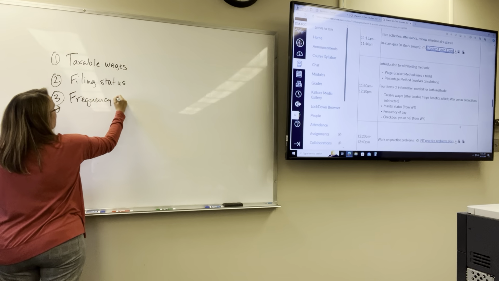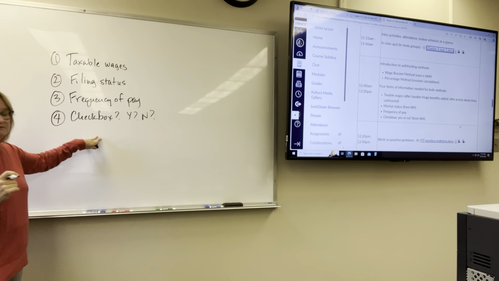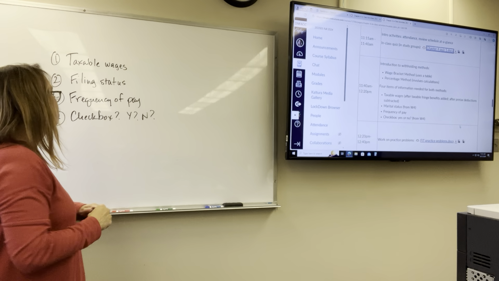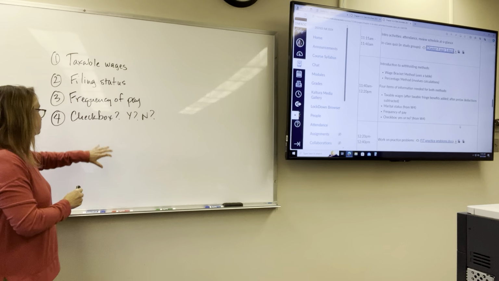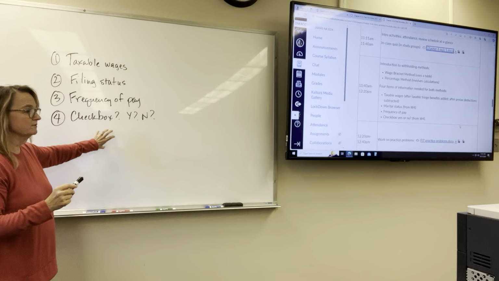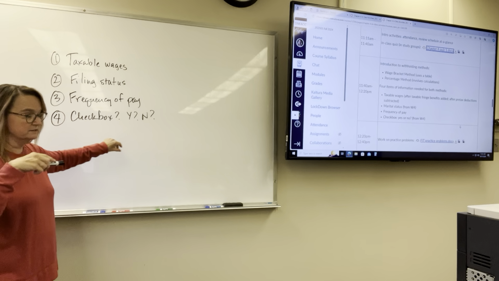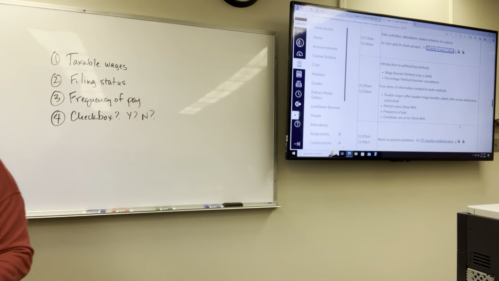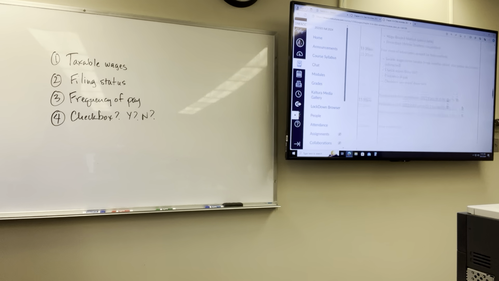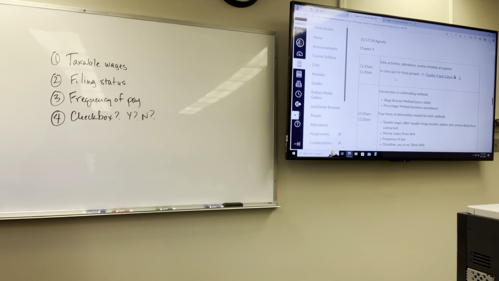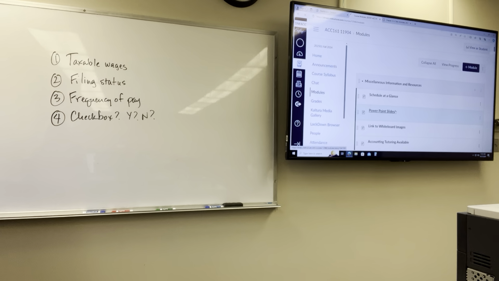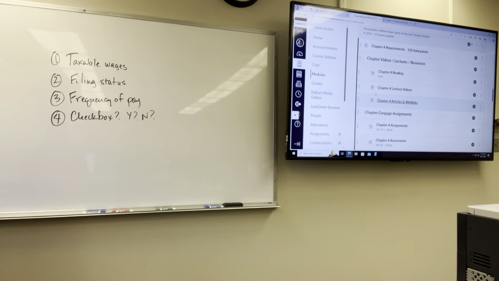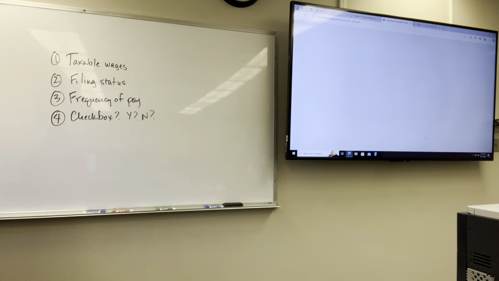Yes? No? So all of this information comes from the W-4 form, but that checkbox is under part 2 of the W-4 form, whether or not that has been checked by the employee. And you'll probably want to pull this up as well, this Publication 15-T.